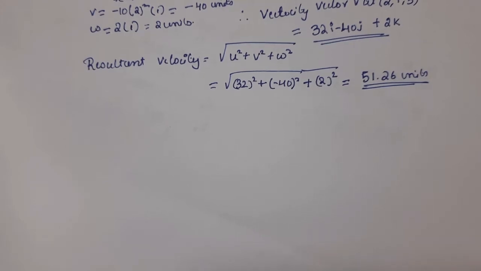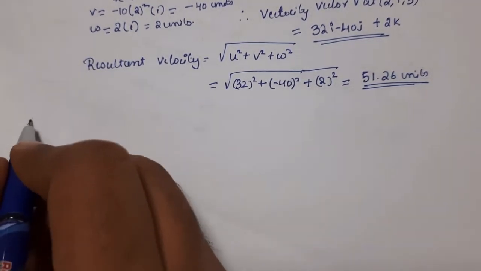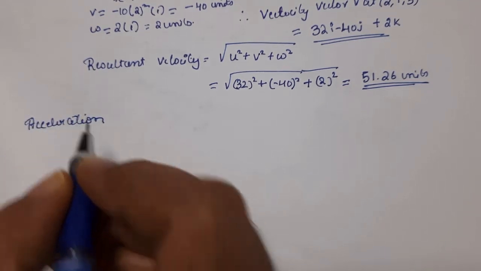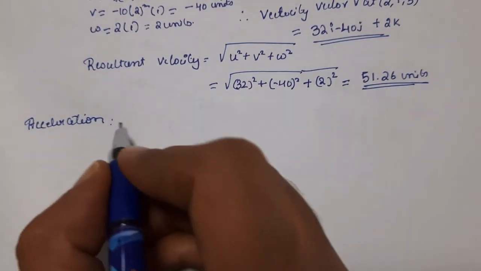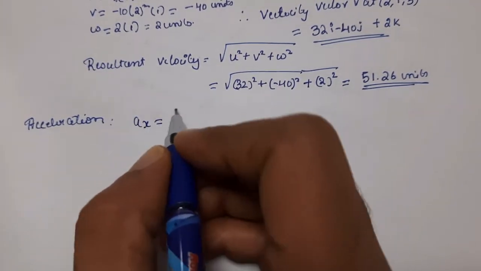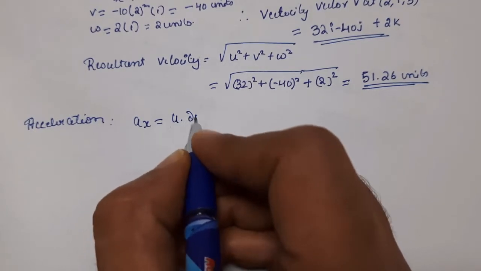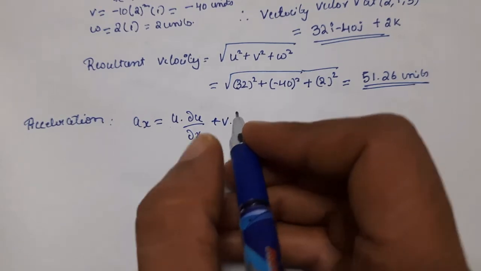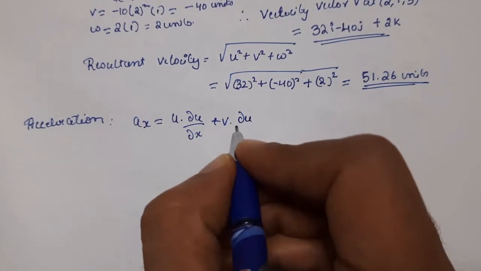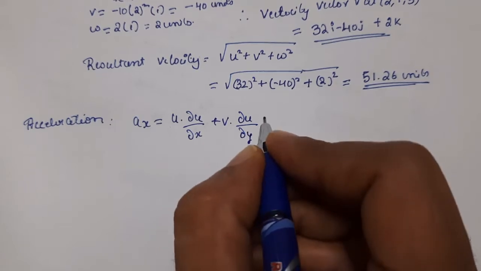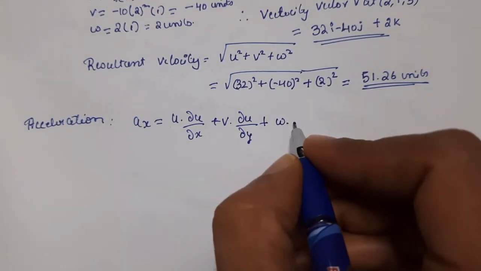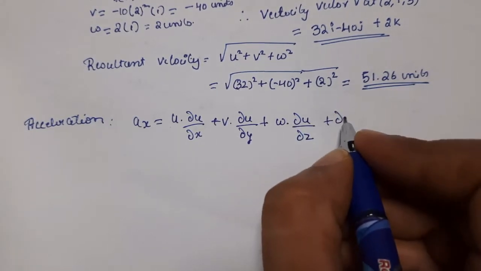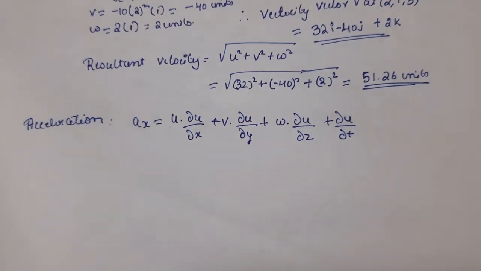Now after calculating velocity, we have to calculate acceleration. Acceleration is given by the equation ax = u ∂u/∂x + v ∂u/∂y + w ∂u/∂z + ∂u/∂t.